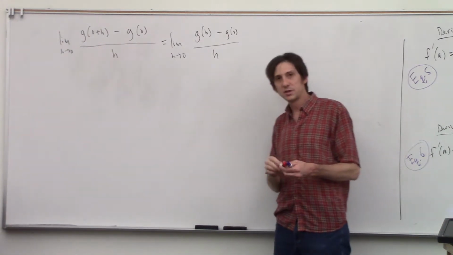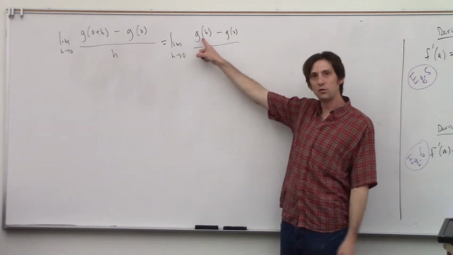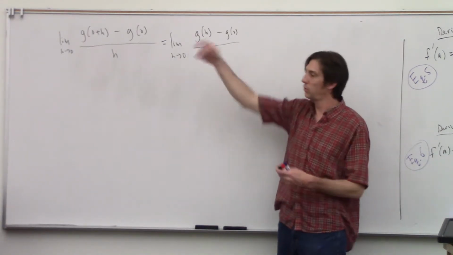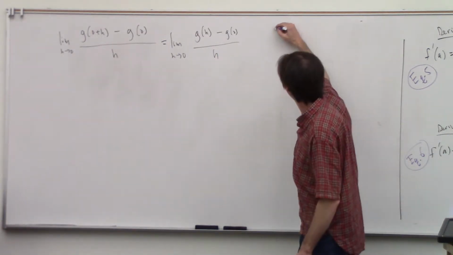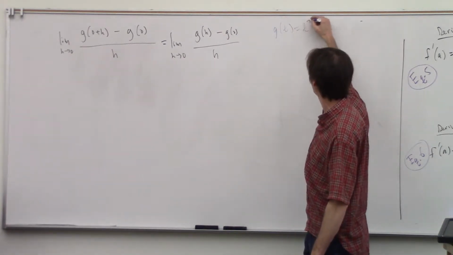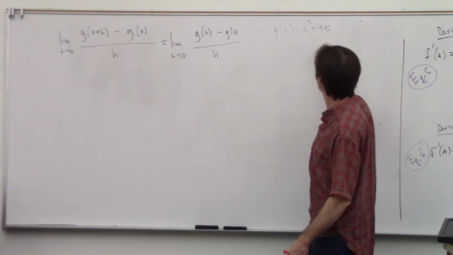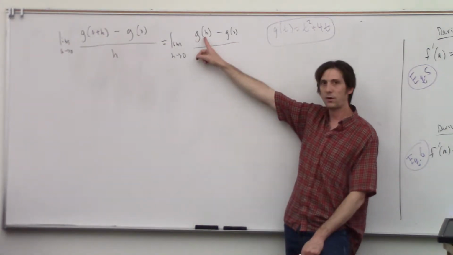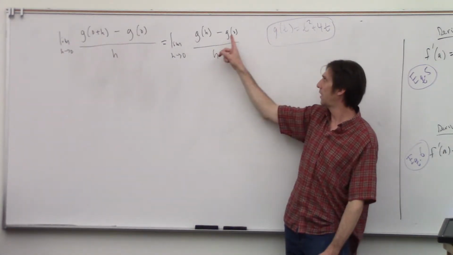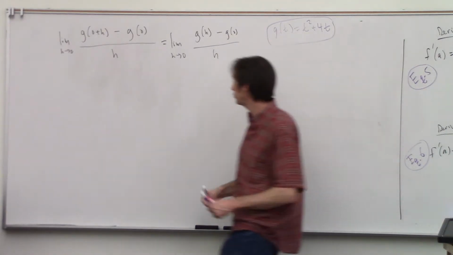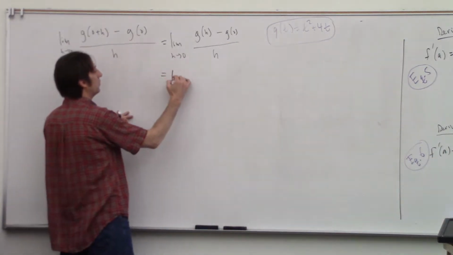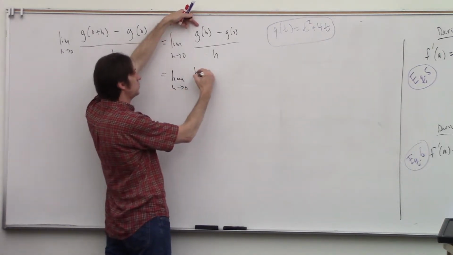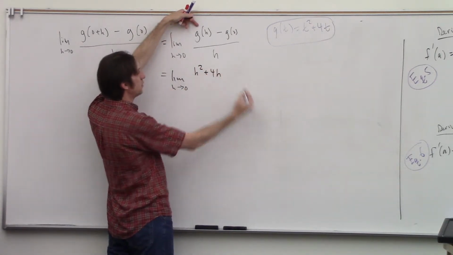Like we've seen a bunch of times now for a difference quotient, in the numerator you have values of the function. And so I need to go to the formula of the function, right? That was g of t equals t squared plus 4t. And then I'm plugging in the numerator, I'm plugging in two different things. First I'm going to plug in h, and then I'm going to plug in 0. So this is the limit as h goes to 0 of, when we plug in h, we get h squared plus 4 times h.